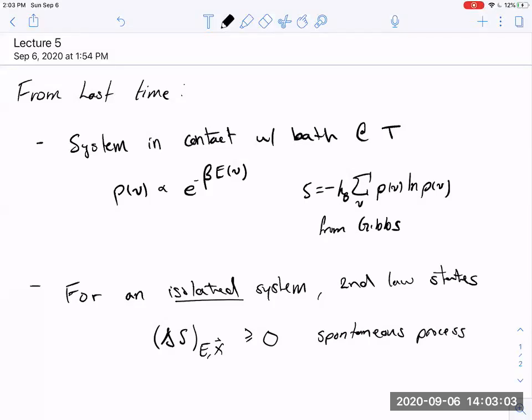So if we set the system up and it spontaneously changes, it must do so by increasing the entropy, provided that system is isolated.